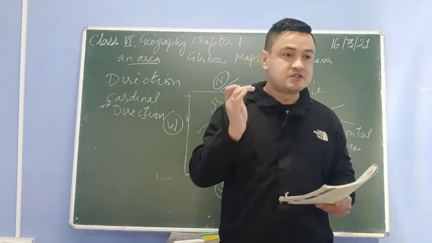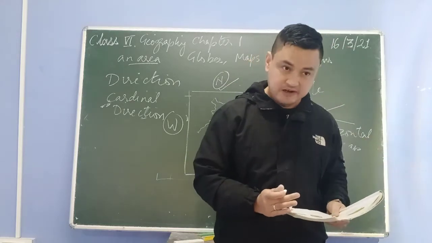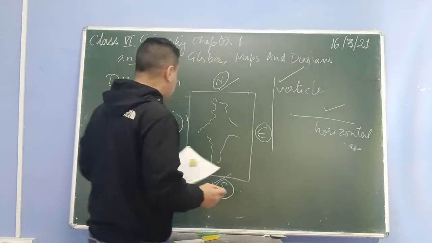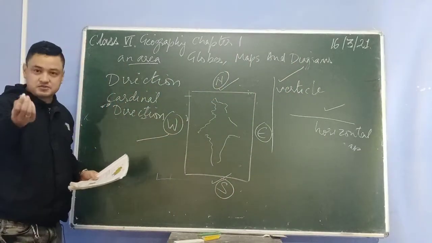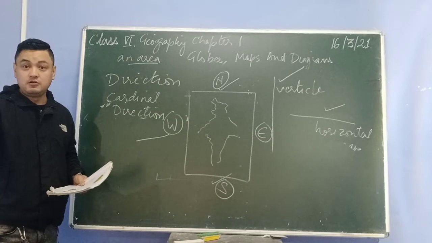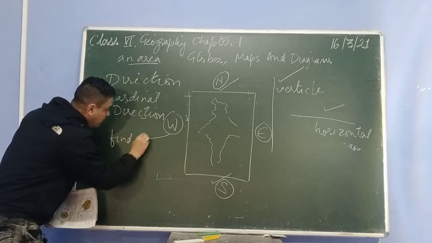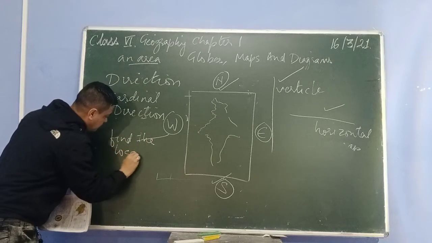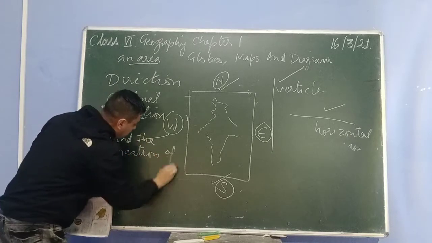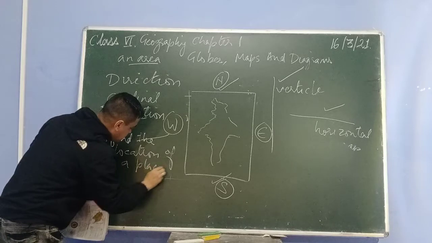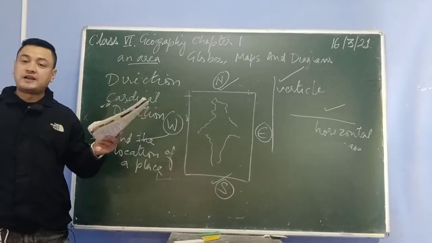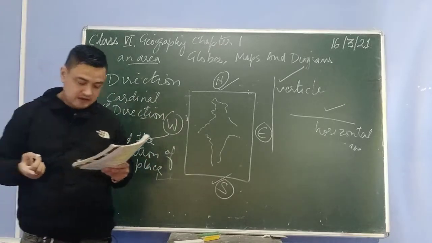Your friend's house is located in which direction? So the main purpose or main function of this direction is to find the location of a place. Are you getting my point?